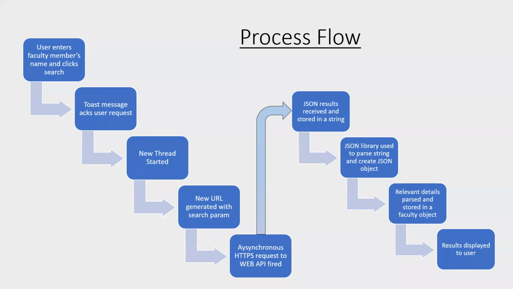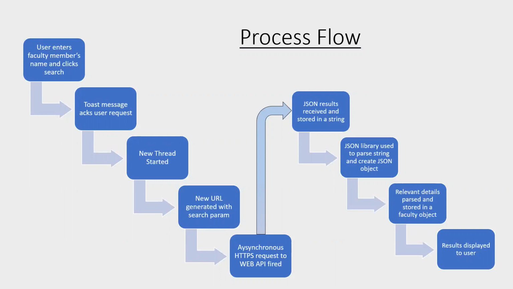So to give an overview of how the application works, the user will enter a faculty member's name and click the search button. For this, a toast message appears, which basically gives the user information that, hey, your search has been triggered. This results in a new thread being started, which creates a URL with the search string, sends an asynchronous HTTPS request to the web API.